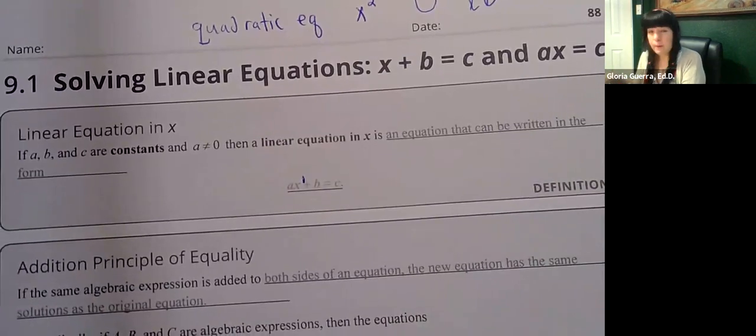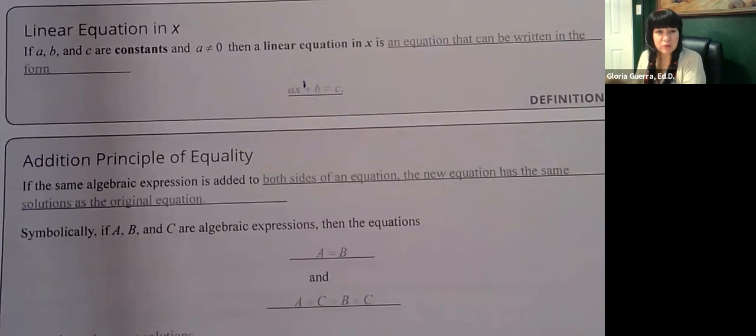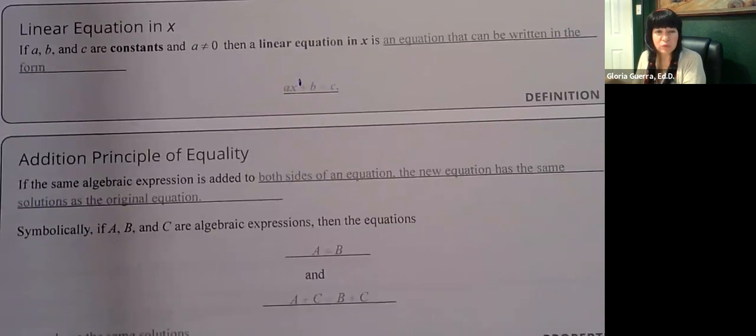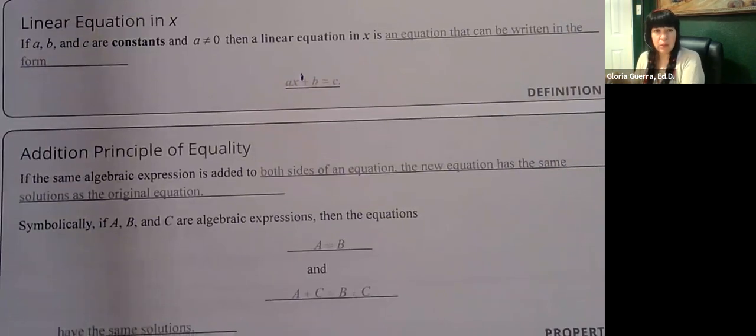Okay. The addition principle of equality. It says if the same algebraic expression is added to both sides of an equation, the new equation has the same solution as the original equation. So we will be doing that. We'll be using the addition and subtraction properties. We'll be adding to both sides and subtracting to both sides terms. But you do one side, you do the other side. So we'll be using the addition principle of equality, and it could be adding or subtracting terms.